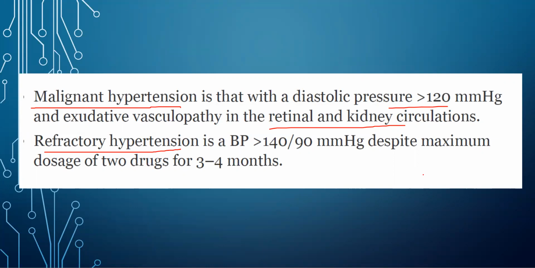So diastolic blood pressure more than 120 with end organ damage, malignant hypertension. What is refractory hypertension? You have tried maximum doses of 2 drugs for 3 or 4 months, but still there is high blood pressure. That's refractory hypertension. So maximum dose of 2 drugs.